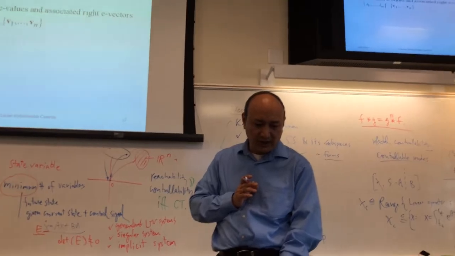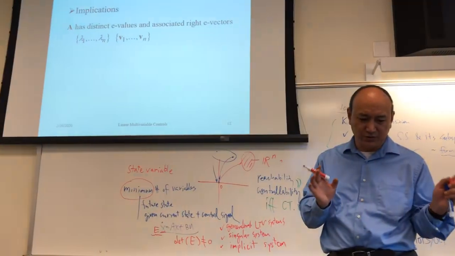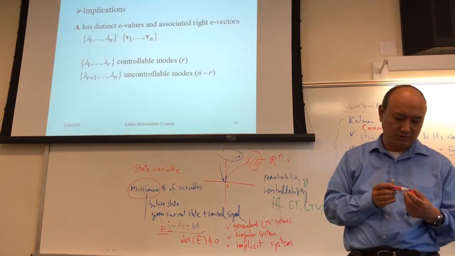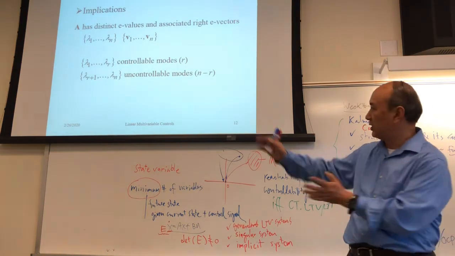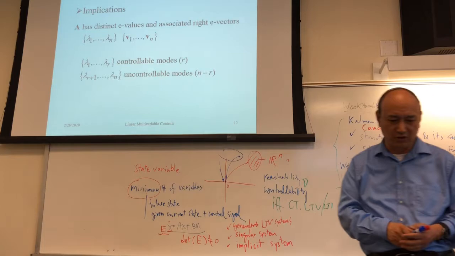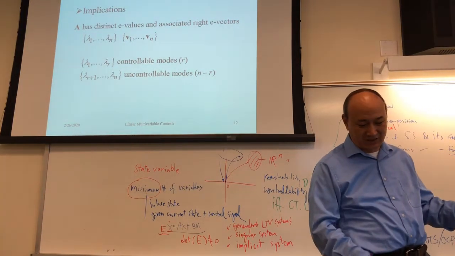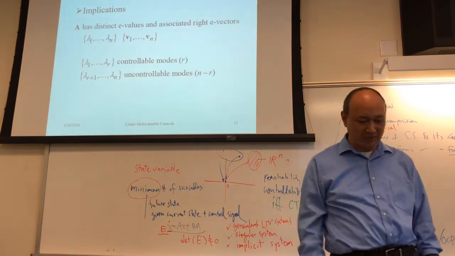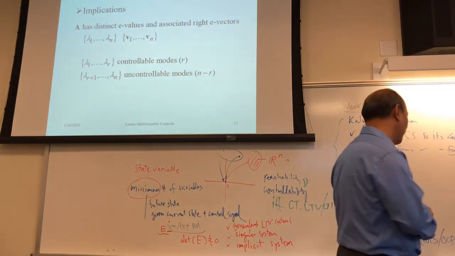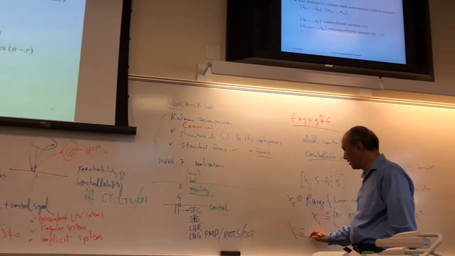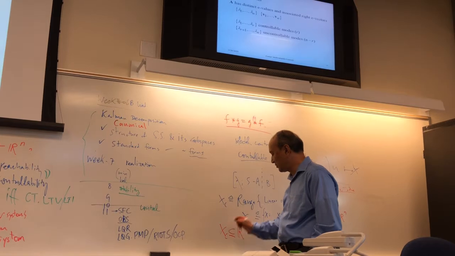In reality, you only have part of those modes controllable, and the rest, n minus r, are not controllable. Then XC is a subset of Rn.